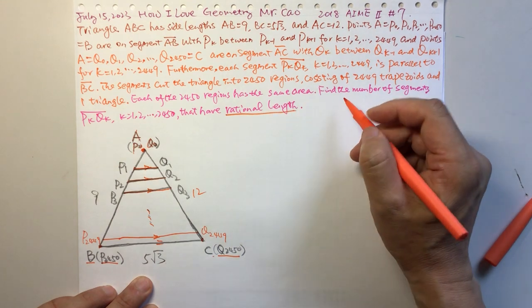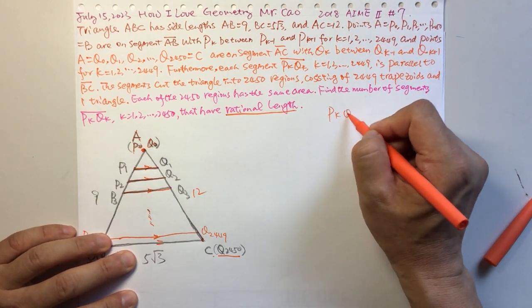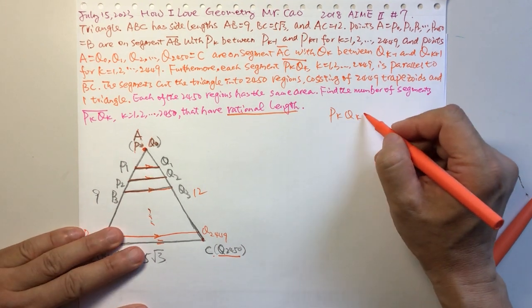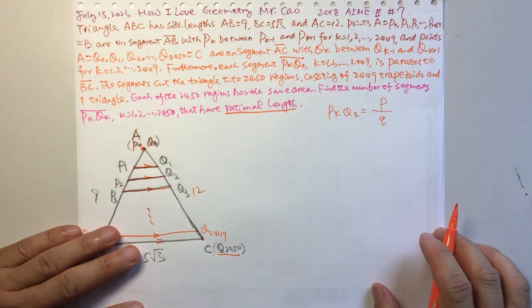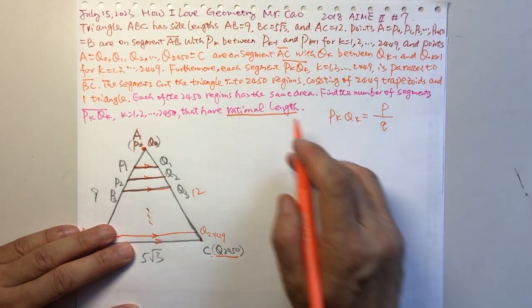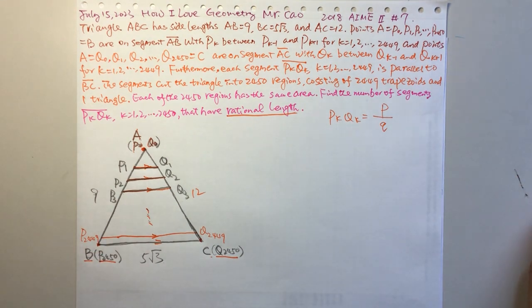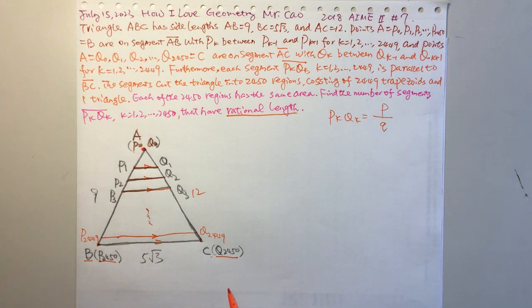Rational length means the length of PkQk equals p over q, where p and q are coprime.